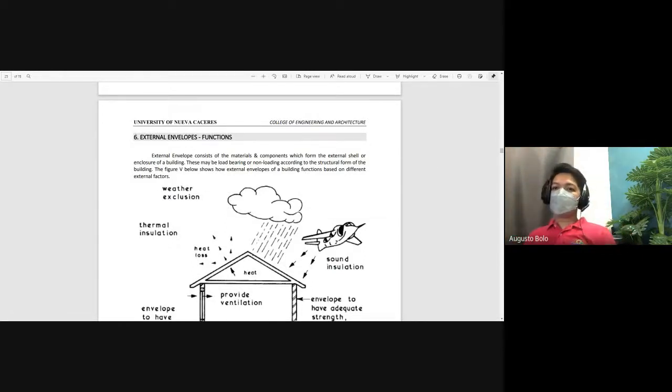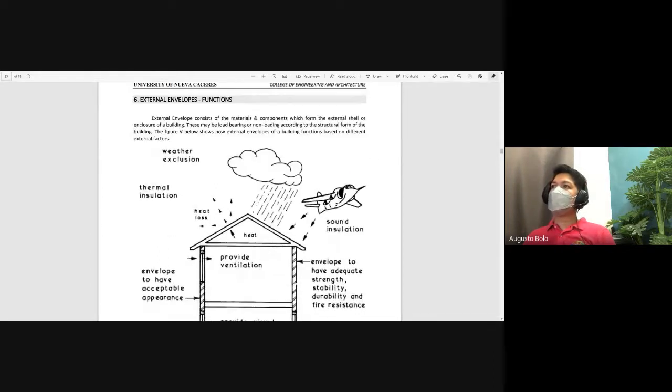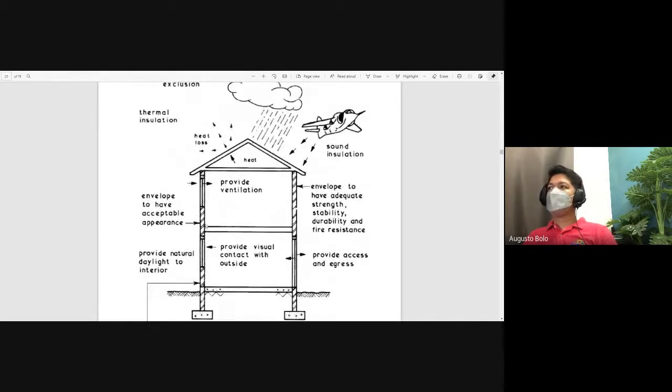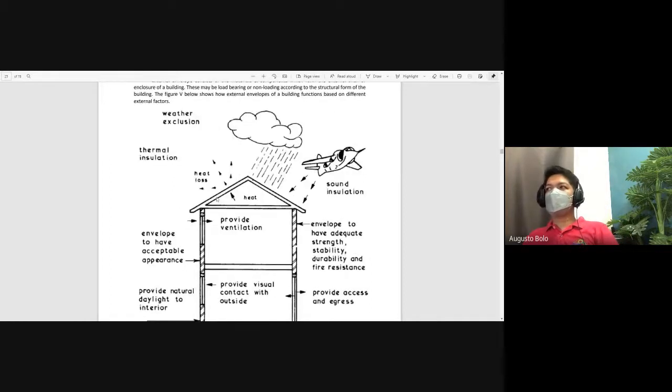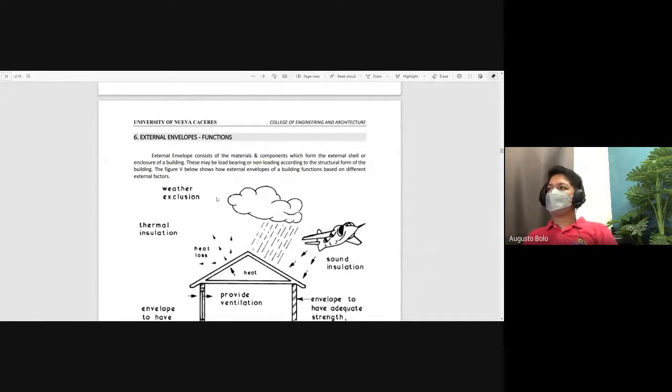For the sake of discussion, the external envelope consists of materials and components which form an external shell. Anything that is covering your structure, such as the walls, the roof, the ceiling, windows and doors, and thermal insulation. Those are your external envelope.